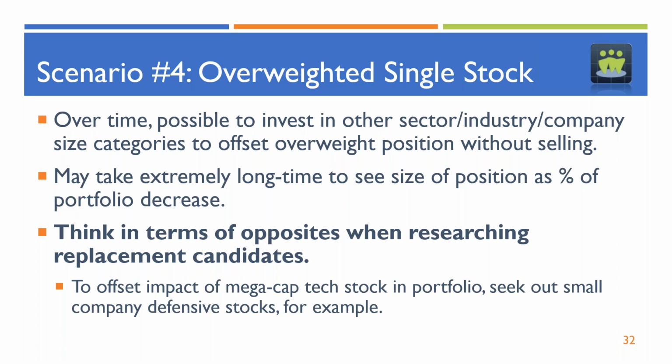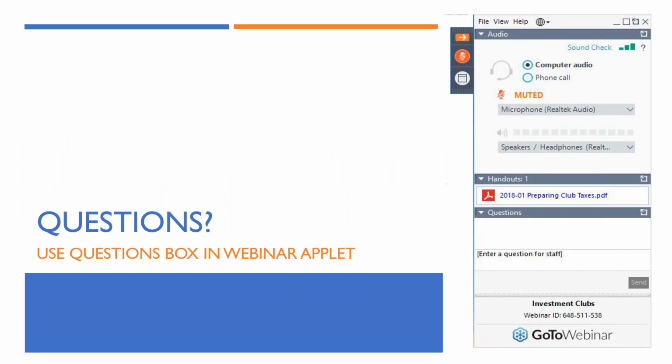So if you've got a mega cap technology stock in that overweight number 1 position where it's 25 or 30% of your portfolio, then seek out small company defensive stocks, for instance. That would have much different correlation and characteristics than that single overweighted stock. You do that enough over time, and that percentage may start to decline and be in a much better position.